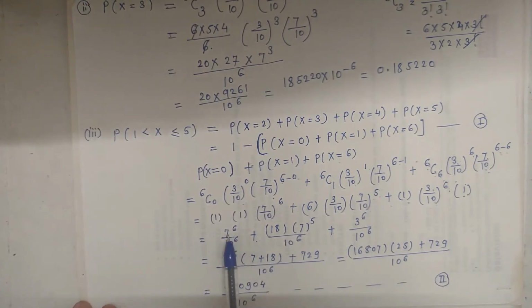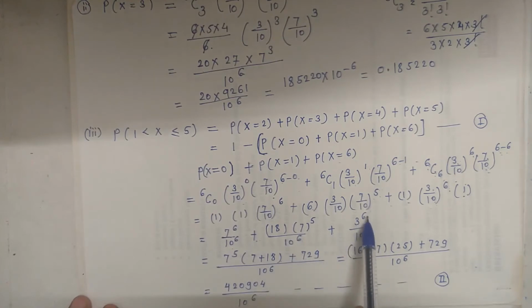Now adding all numerators, we get 7 raised to 6 plus 18 into 7 raised to 5 plus 3 raised to 6, upon 10 raised to 6. Taking 7 raised to 5 as common from these two terms, we get 7 raised to 5 into (7 plus 18), plus 3 raised to 6, whose value is 729, upon 10 raised to 6.